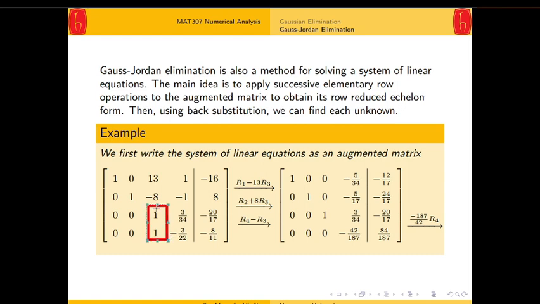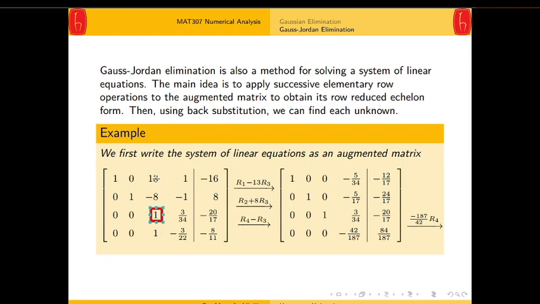Okay, now this leading entry has to be the only non-zero entry in its own column. So this 13 has to be 0, and negative 8 has to be 0, and this has to be 0.